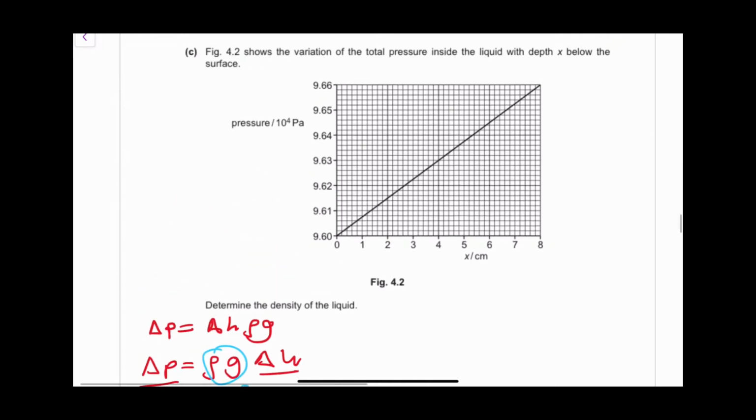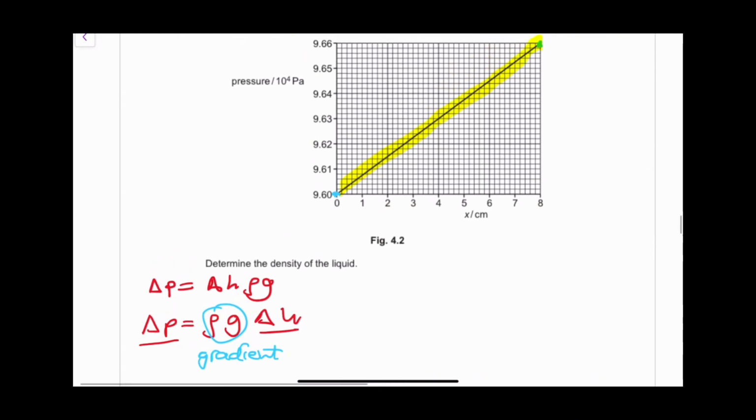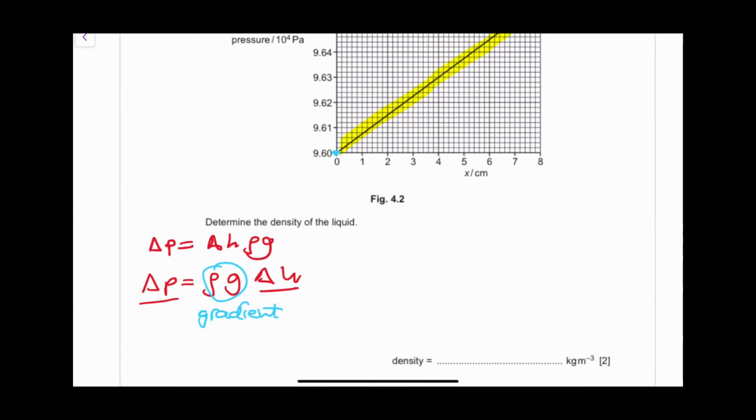So how do I find the gradient of this graph? Well, identify any 2 points that I want, for example, this point and that point. The gradient of this whole line actually represents the density of the liquid, right? So if I've identified these points, the gradient will be equivalent to delta P over delta h.